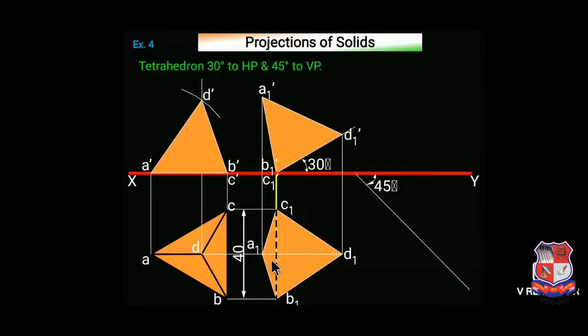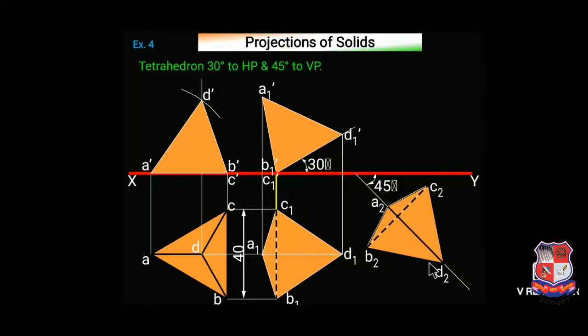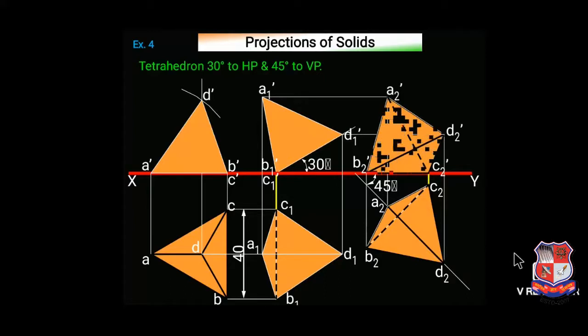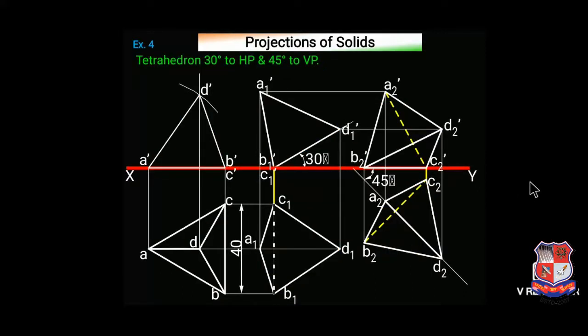So rotate this figure in such a way that this axis makes an angle of 45 degrees with VP. Take projections from respective points and join them appropriately. So this is a tetrahedron of the given condition. Hope it's clear to you. And this is the final drawing of this problem. This is the front view and this is the top view.